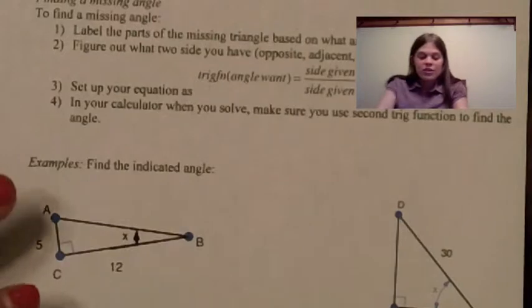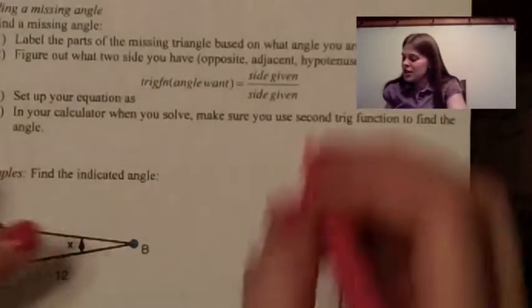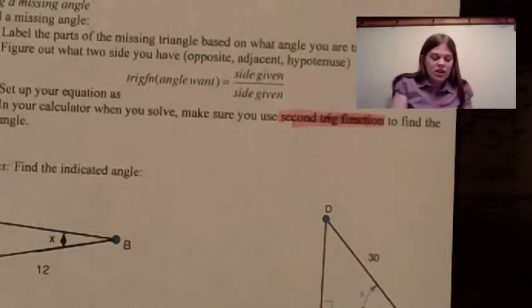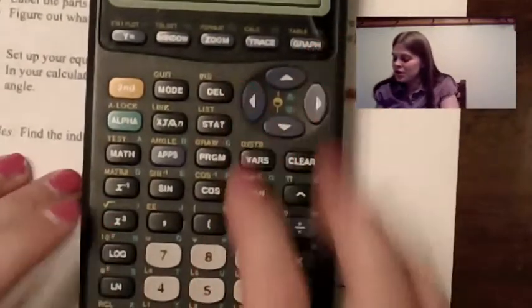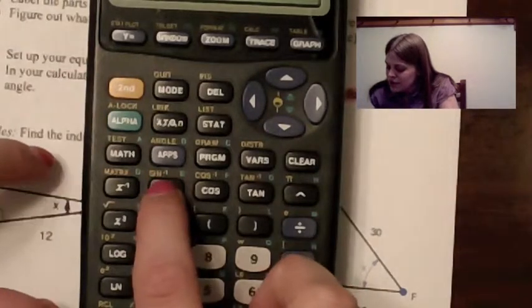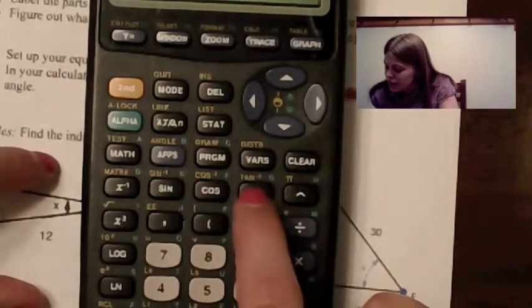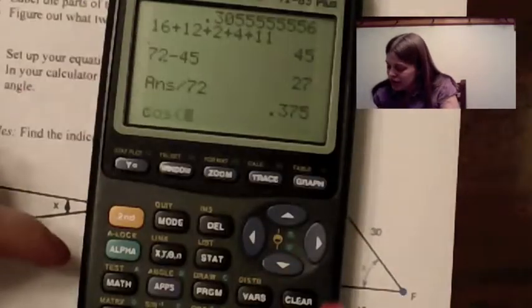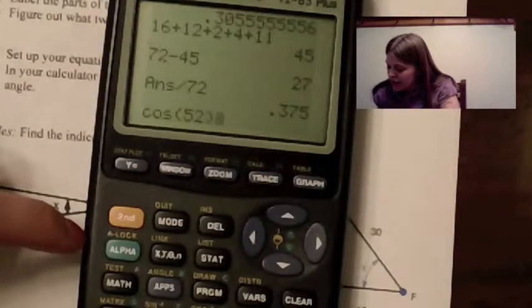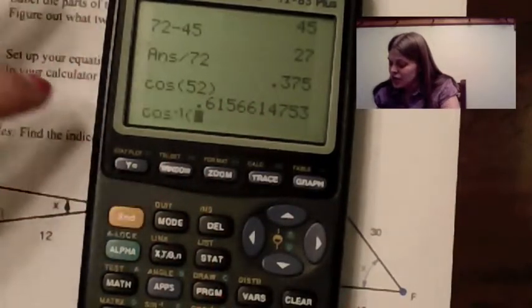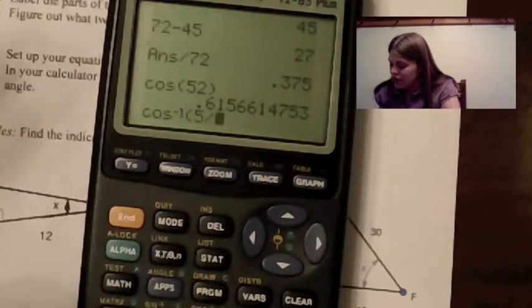So in your calculator, you have to make sure that you hit second and then your trig function if you're using one of the TI calculators or in a couple other calculators. So the second's the yellow button, and then above you can see sine -1, cosine -1, tangent -1. That's what I'm talking about. So rather than just have cosine of an angle, like we practiced yesterday, you do second cosine and then you would have a fraction.